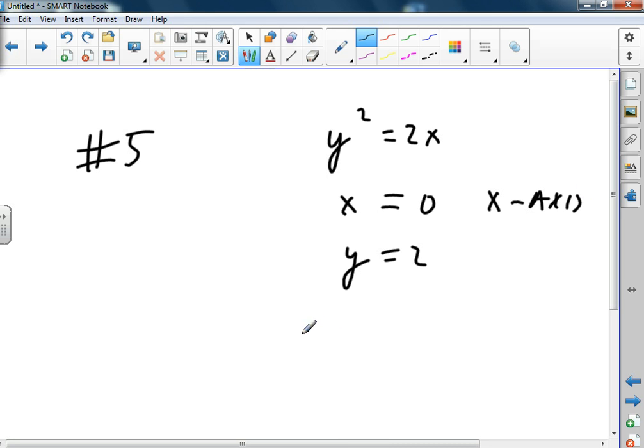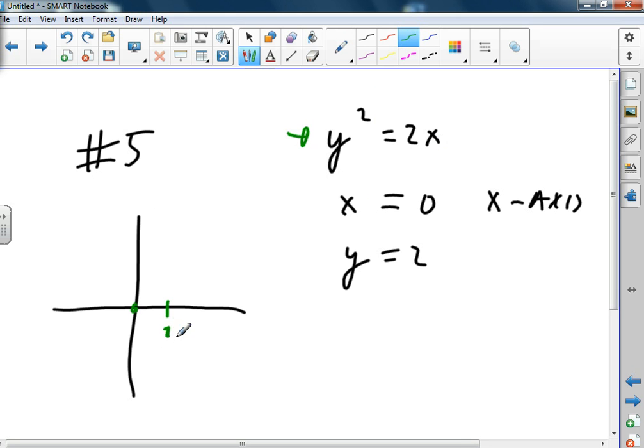Okay. So now I gotta draw a picture. Okay, so y squared is equal to 2x. At 0 it's 0.